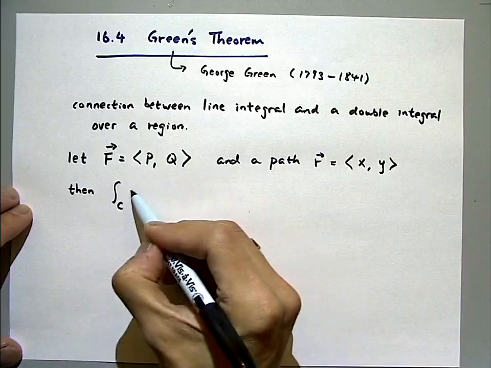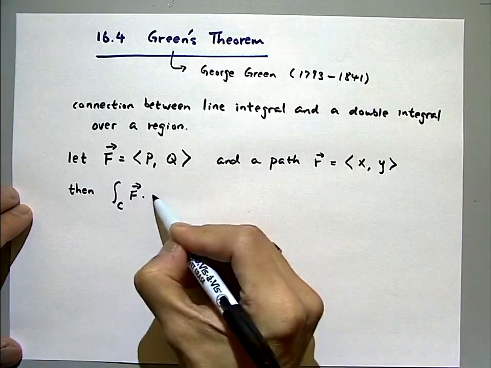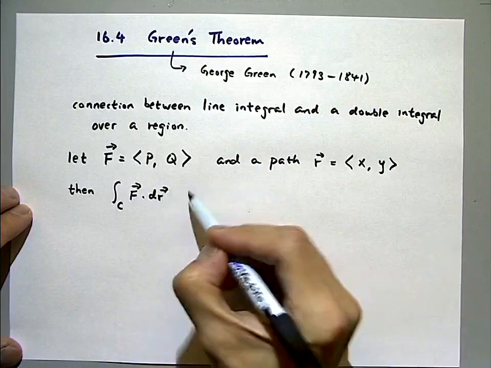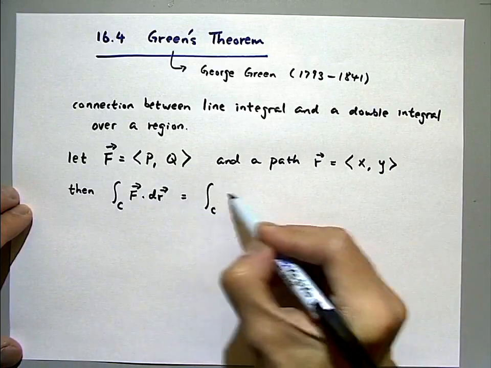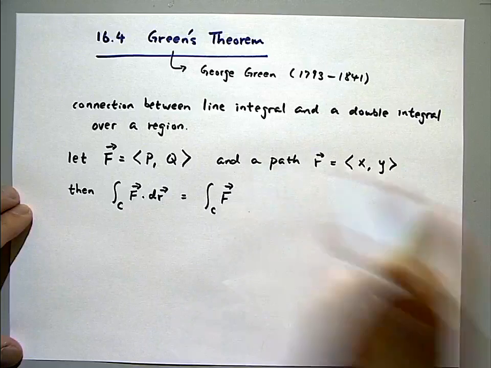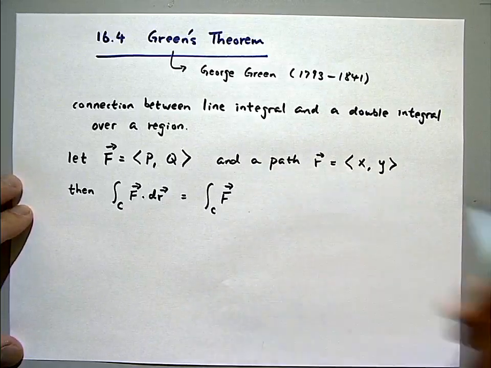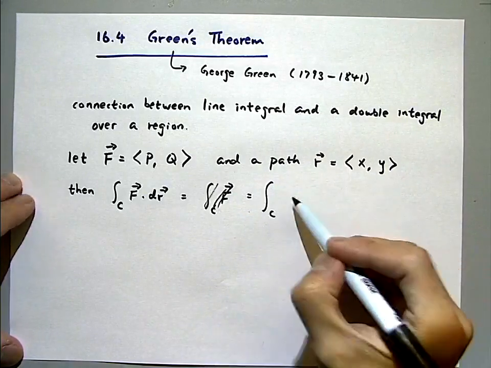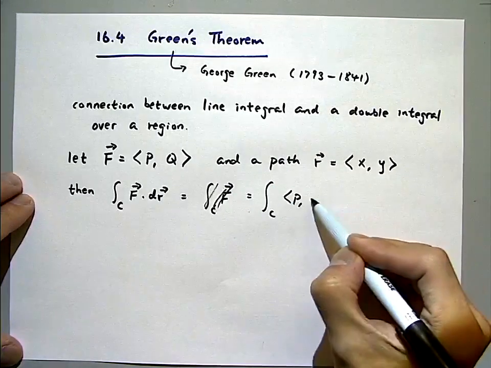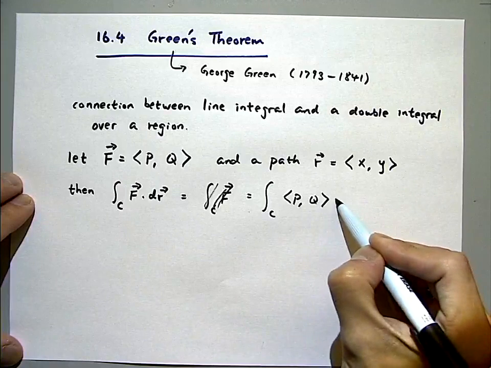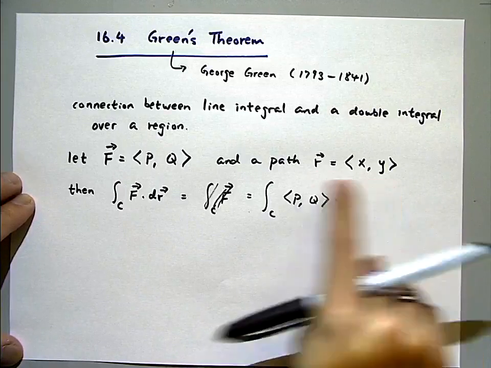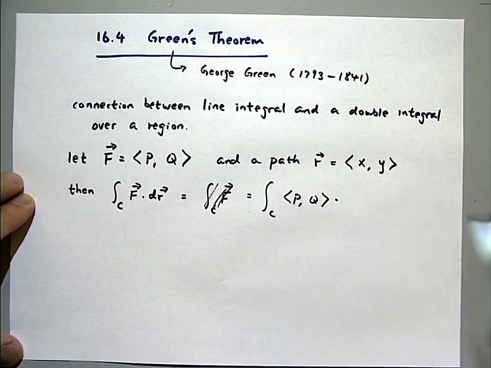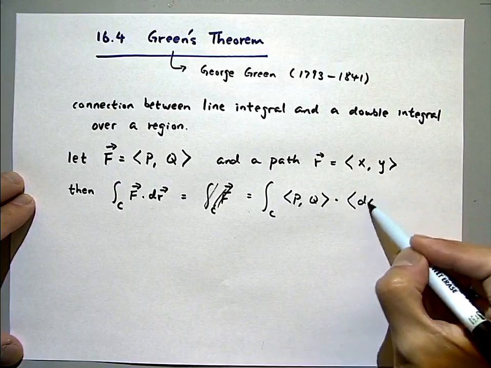Then the line integral of F dot dr notice turns into a slightly different form. So F is P, Q dotted with dr. Dr is just simply the differential of this thing, which is dx comma dy.